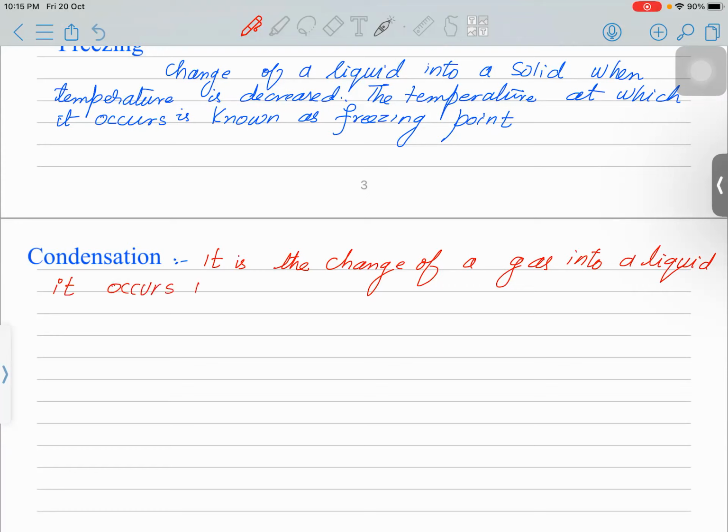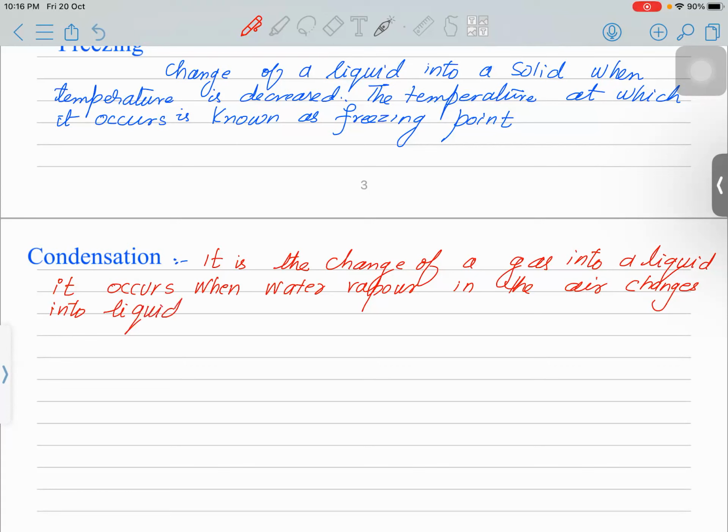It occurs when water vapor in the air changes into liquid.